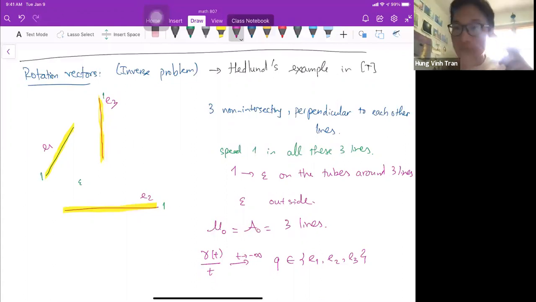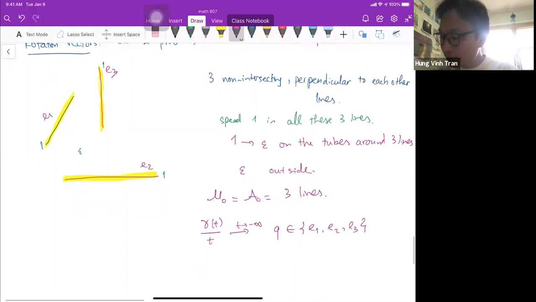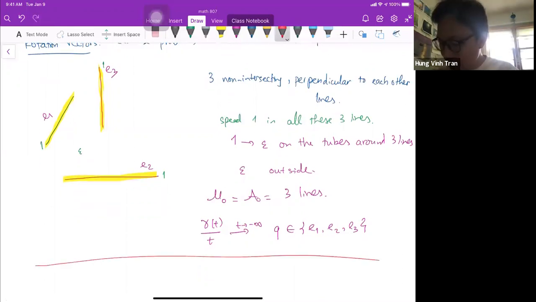If they're irrational, they're going to be dense in the torus. So I do refer you to read this example and see that the question about the inverse problem is not true, right?